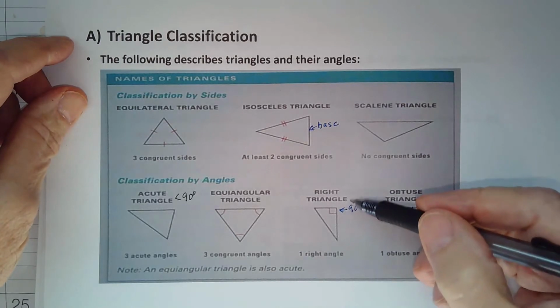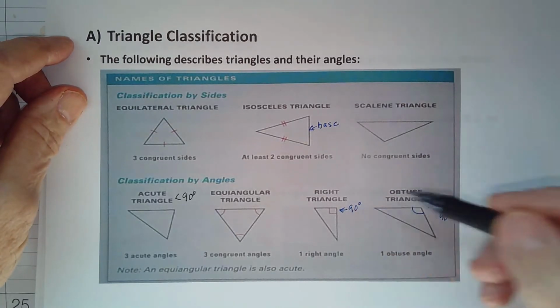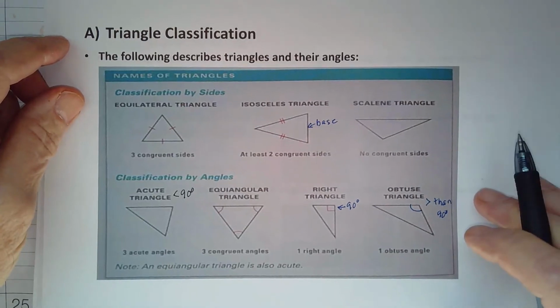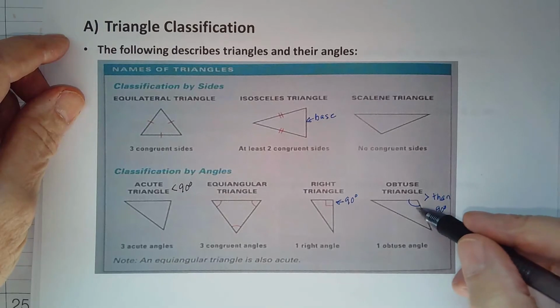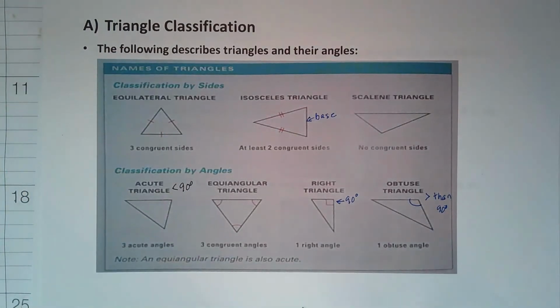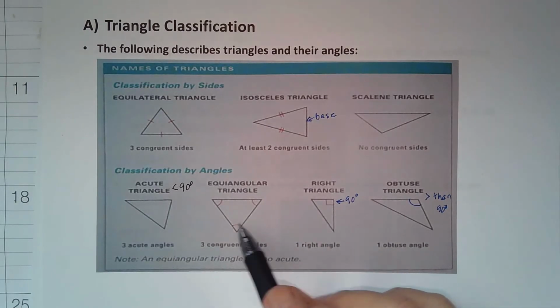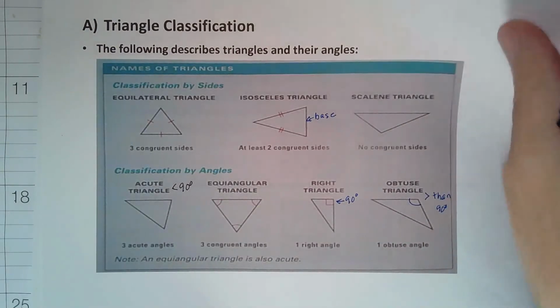Then you have right triangles, and it has one right angle, and of course that's 90 degrees. And then you have obtuse triangles that have an angle that is greater than 90 degrees, which is what this angle is here. And there's a little note down here that an equiangular triangle is also an acute triangle. So you'll notice these are both really acute triangles, and they're equiangular.